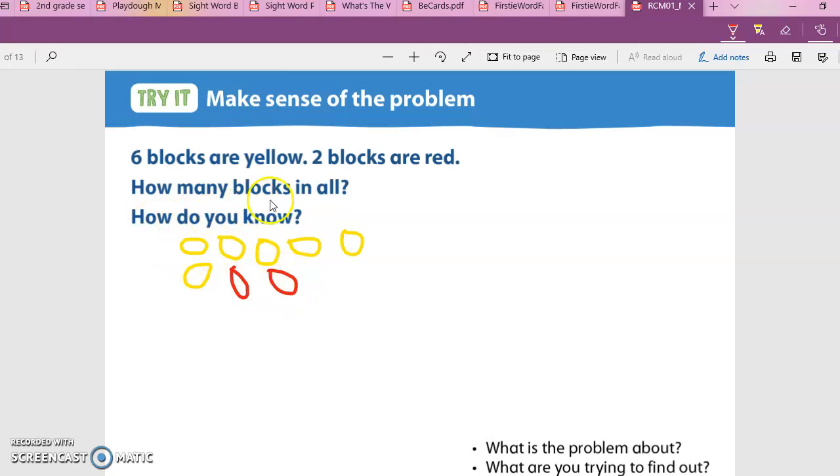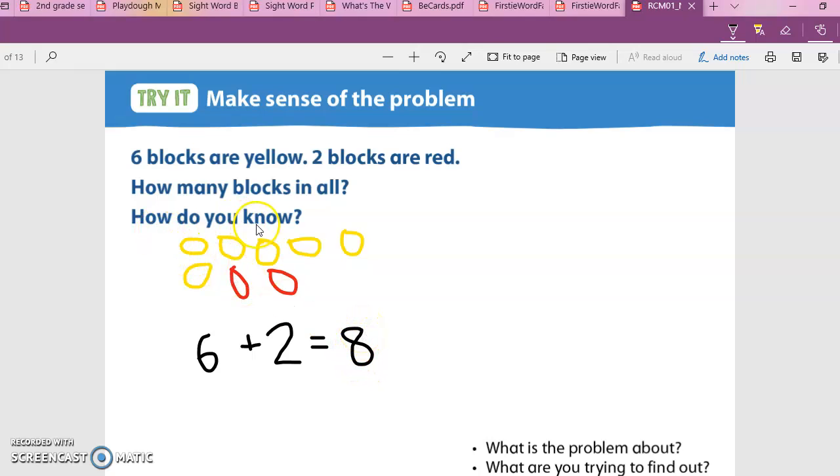Okay. How many blocks in all means that I am adding. So let me just change this. So I'm adding my yellow, which I had 6 of, and I said I'm adding, so I'm going to do a plus sign. And then my red, which I had 2. So my equation is 6 plus 2 equals. And how many did you get? Did you get 8?